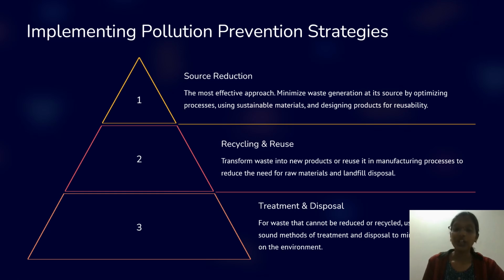Transform waste into new products or reuse it in manufacturing processes to reduce the need for raw materials and landfill disposal. Then I have treatment and disposal. For waste that cannot be reduced, reused, or recycled, use sound methods of treatment and disposal to protect the environment.